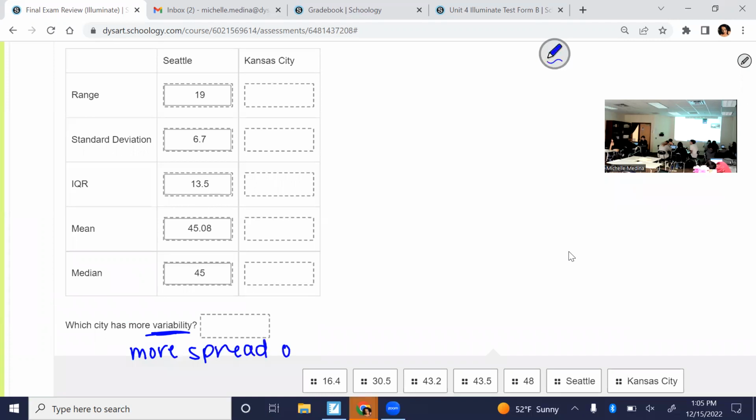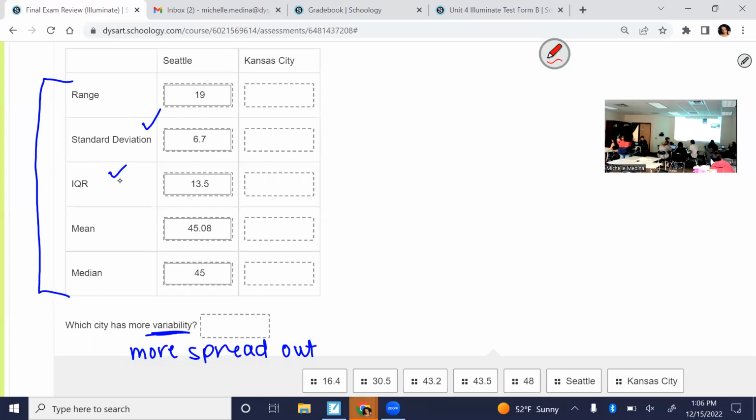What measurements tell you how spread out something is out of these ones? Well, out of these 5 measurements, which ones are measures of variability? This one's 1, so is standard deviation. One more, IQR. I think overall range can be misleading sometimes, so I would mostly just look at these 2.